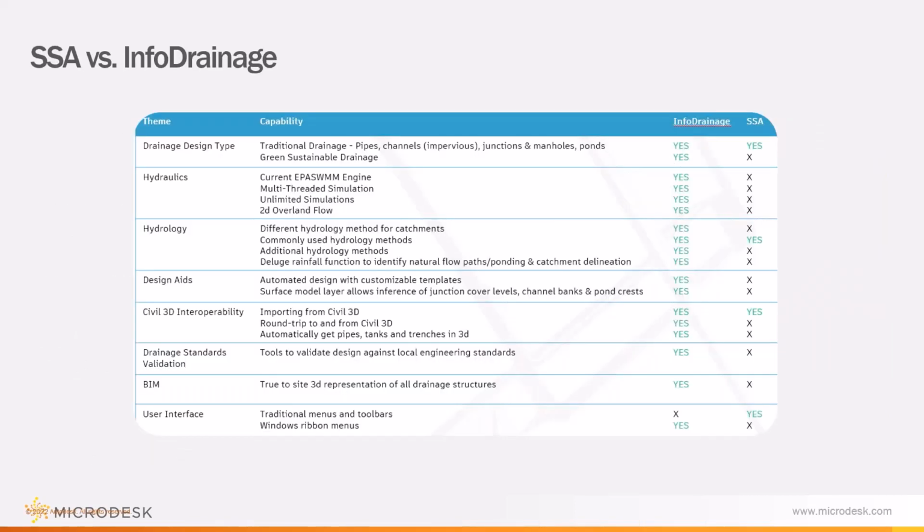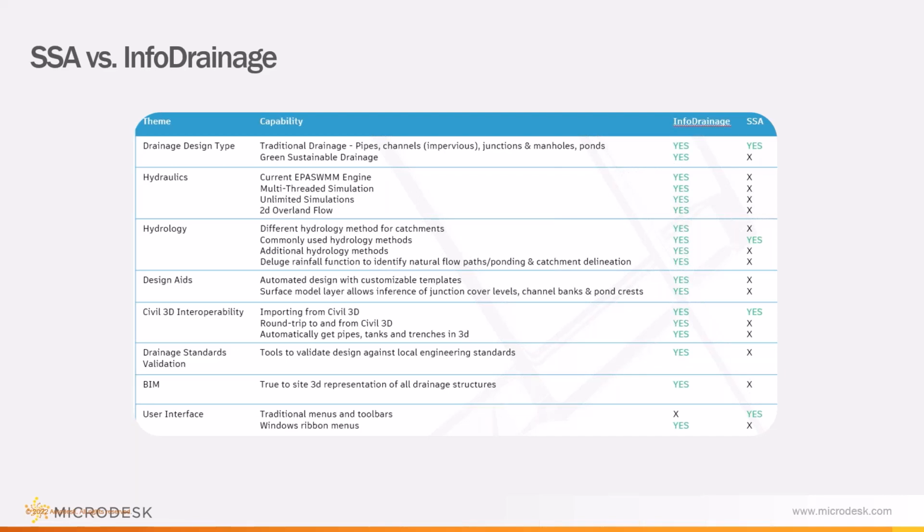So just a little bit of the comparisons of what you can do. You can do a lot of cool things with InfoDrainage that you can't do with SSA, like looking at your overland flow. This deluge tool is fantastic. You can visualize in 3D the storage components that you're creating.